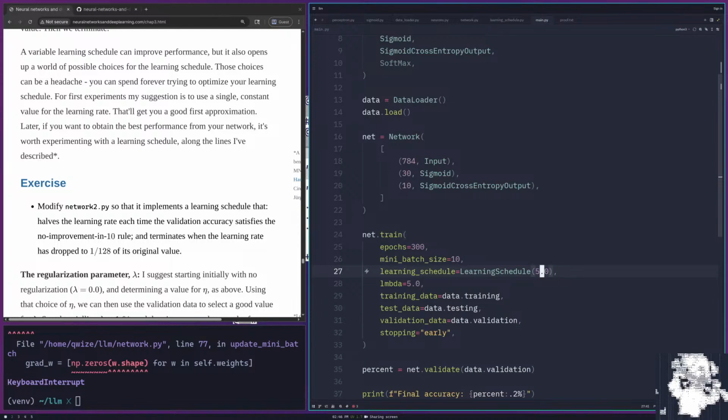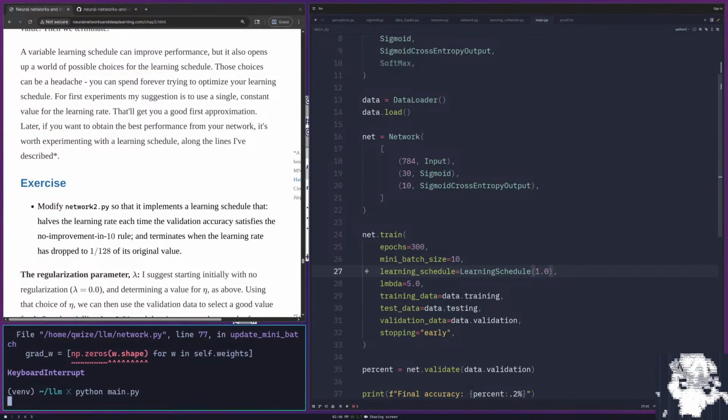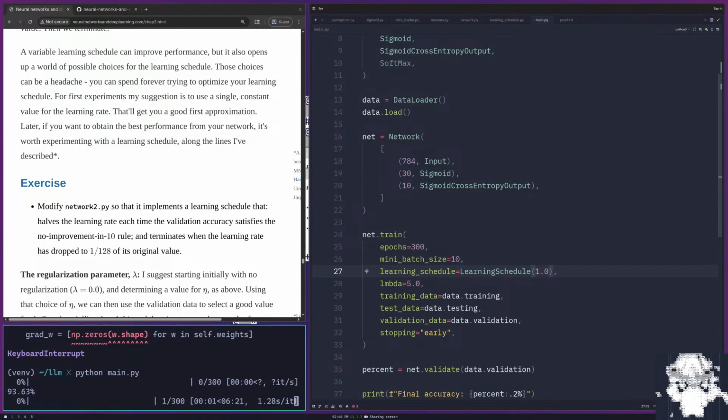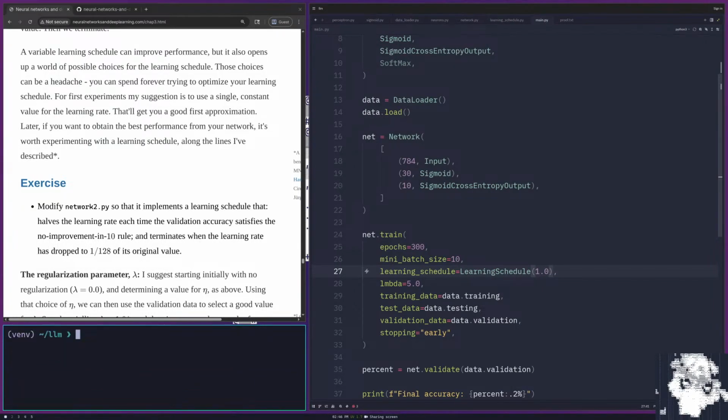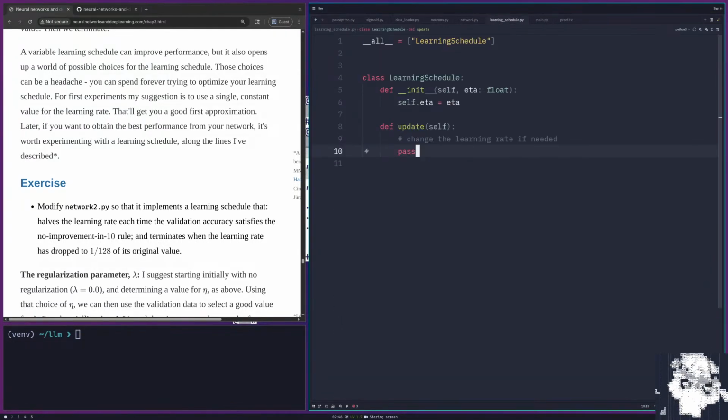Yeah, 5 is too high. 1 is fine. Okay, so that still works because we're just using this as a container for our eta.